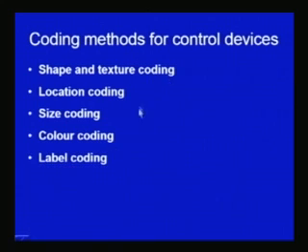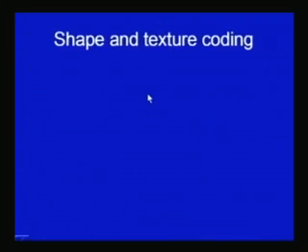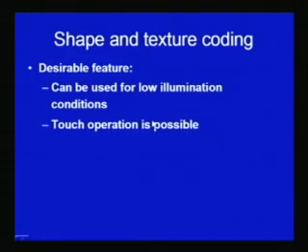Each coding method has its own advantages and limitations. So, depending upon the anthropometric data and the working conditions in which a worker is working during the operation, all those are kept in mind while selecting a coding method for control devices. We will cover first the shape and texture coding method.